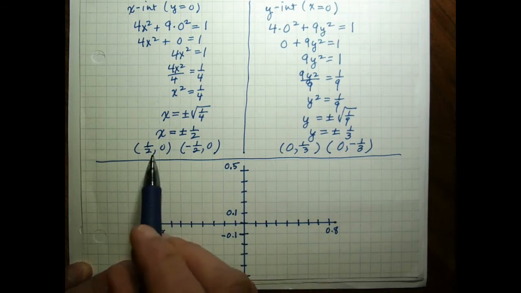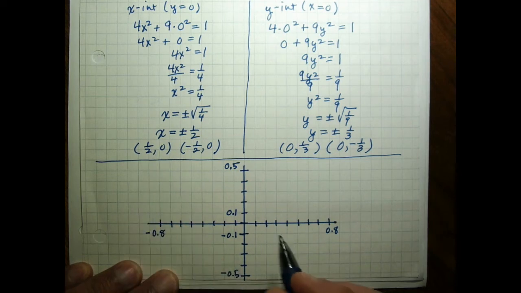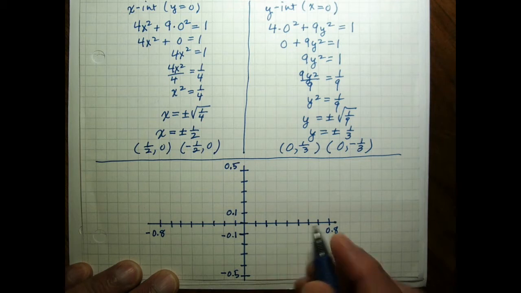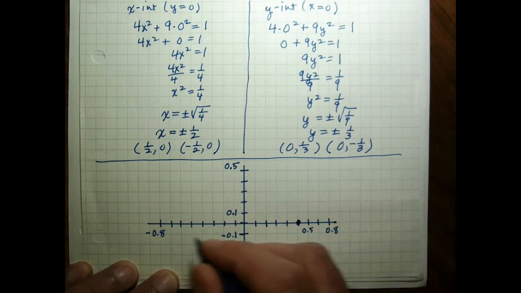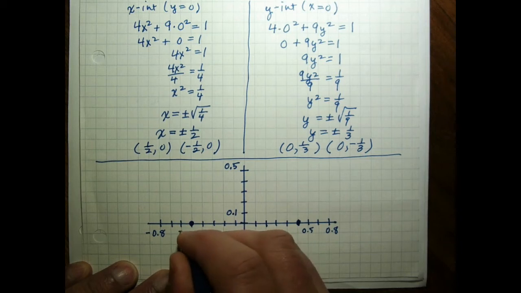So if I want to plot my x-intercepts, (1/2, 0) and (negative 1/2, 0), that's 0.1, 0.2, 0.3, 0.4, that's 0.5, right? So that's going to be right here, 0.5, and 1, 2, 3, 4, 5 right here.